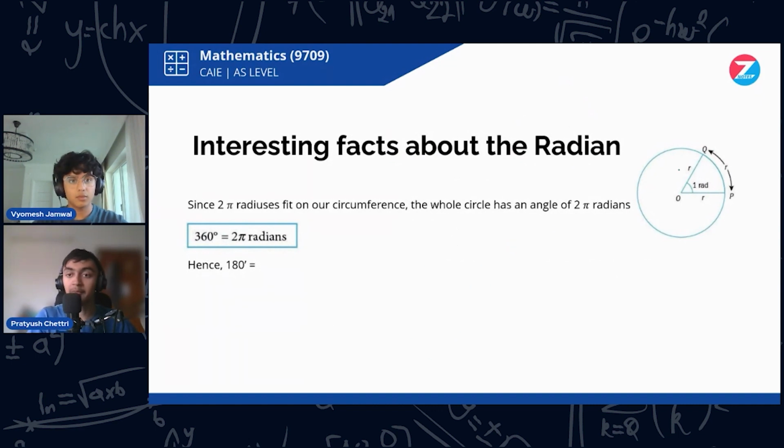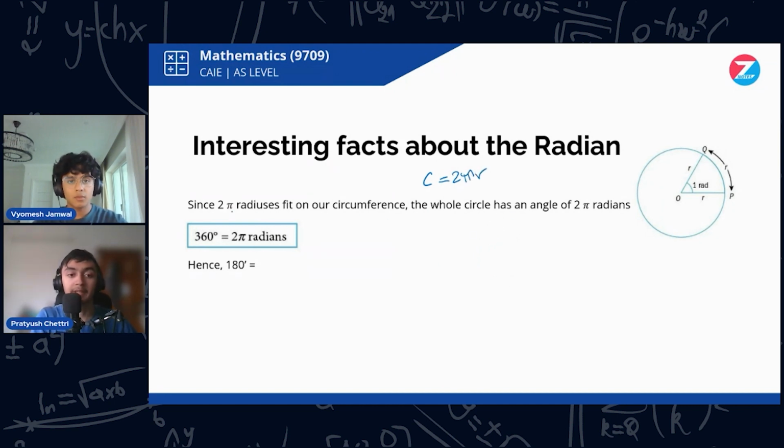Now, due to the property that it's based on the arc length, if you take the whole circle's arc length, it's just the circumference, right? And the circumference is equal to 2 pi r. You should know this.